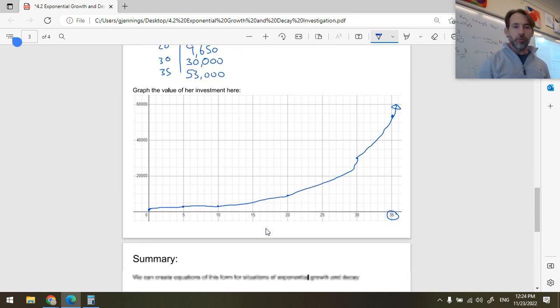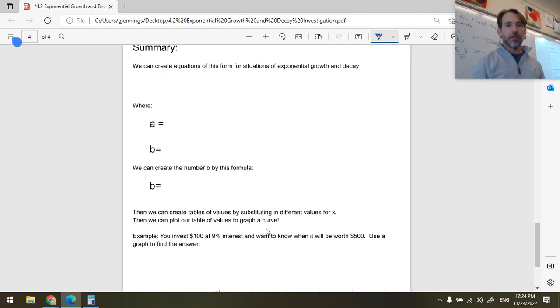So to summarize our learning here, we can create equations of this type for situations of growth and decay, and they look like this. The amount of something is a function of time, and it's equal to the initial amount multiplied by the growth factor raised to the power time.